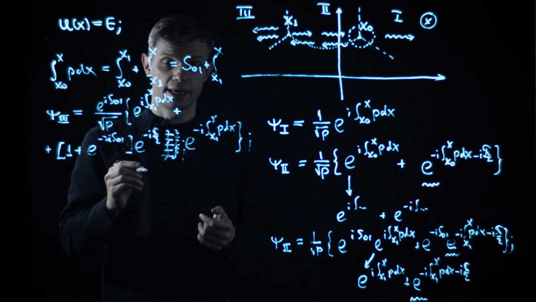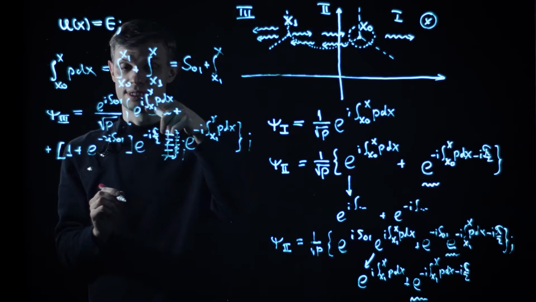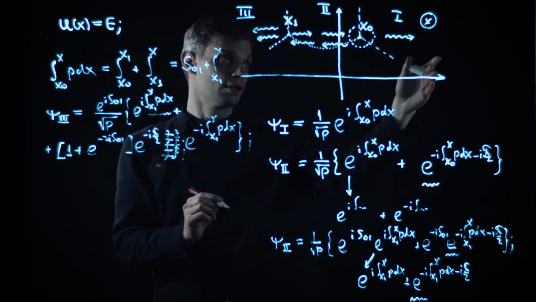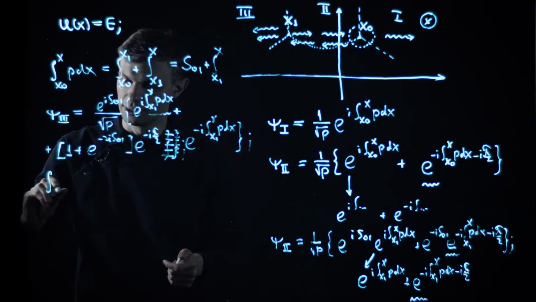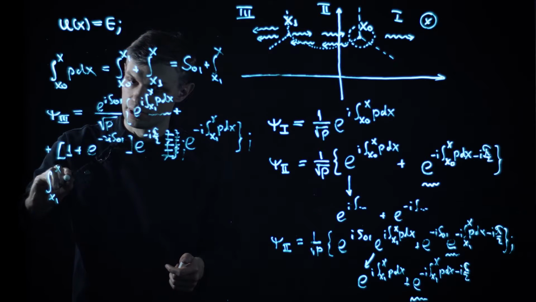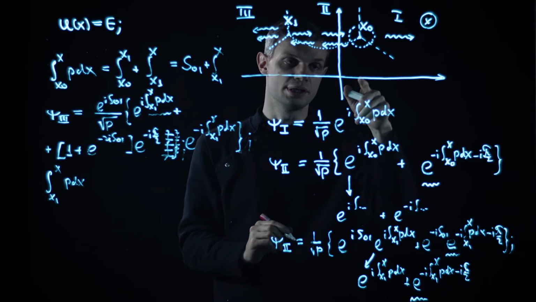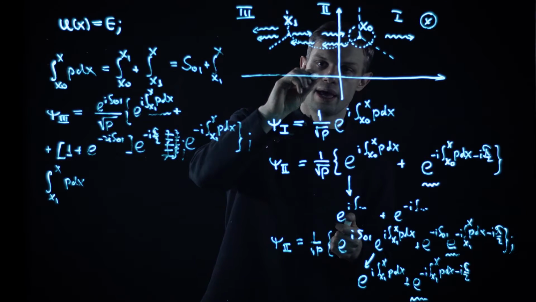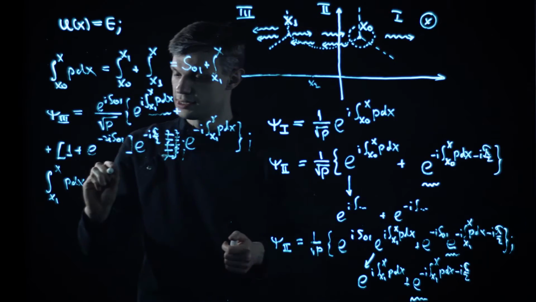And our last step is to return these exponents onto the real axis x. So we do this with the following simple trick. We choose some point, I don't know, x2 on the real axis.